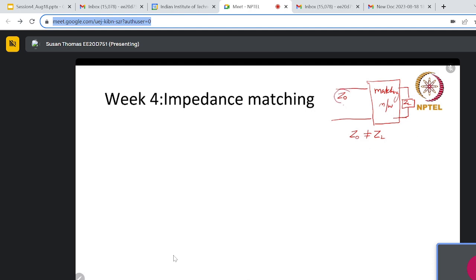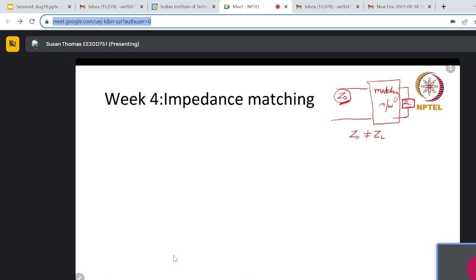The characteristic impedance Z naught has typical values, say 50 ohms, 75 ohms, etc., whereas the load impedances could be anything. So we don't have the freedom of changing Z naught, and we also have multiple loads.